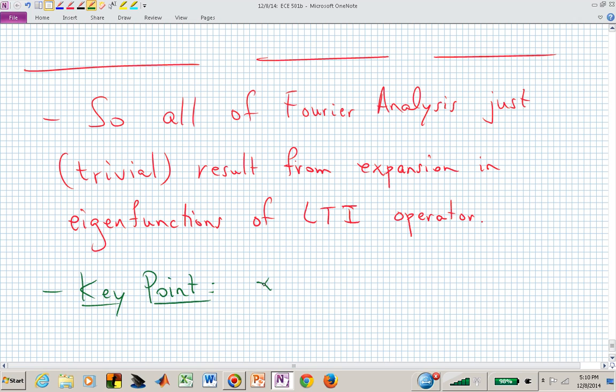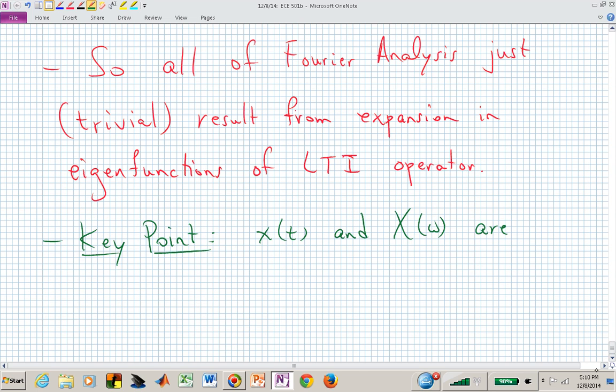is that x of t and capital X of omega, those are just different ways of representing the same thing.